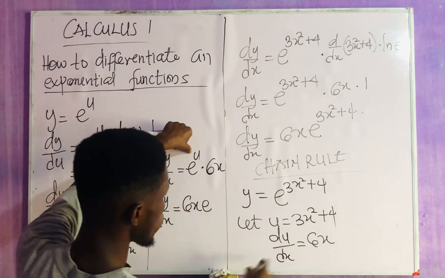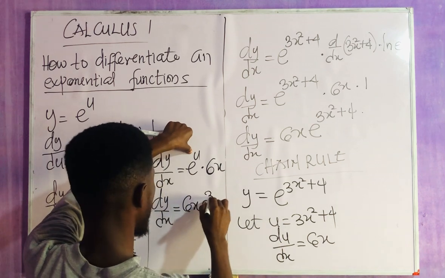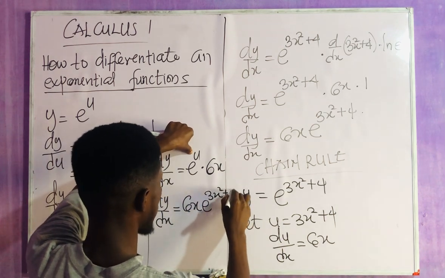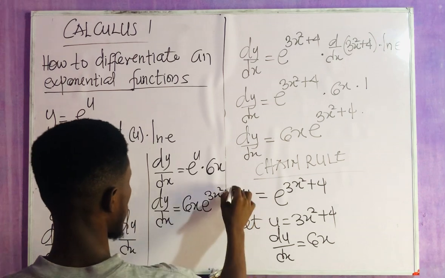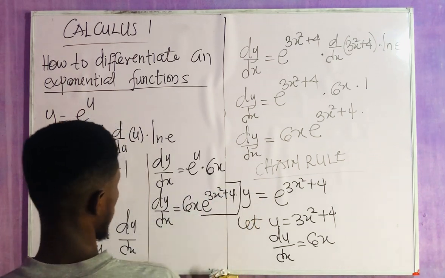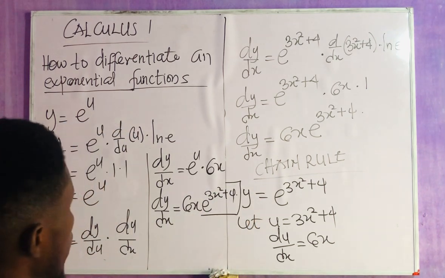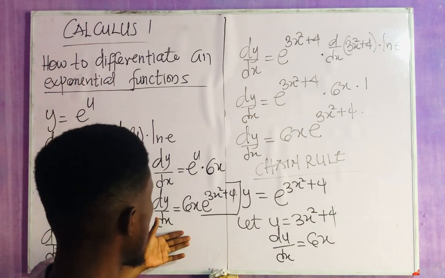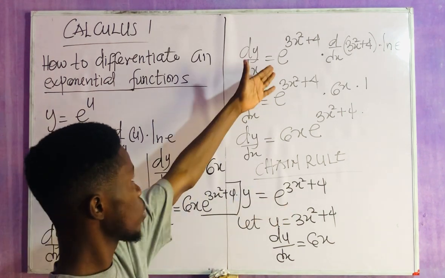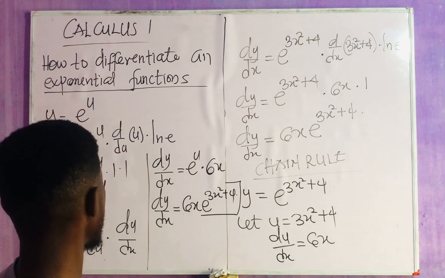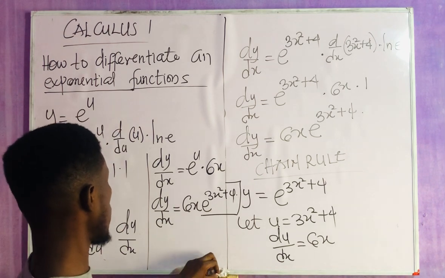Now our u is 3x squared plus 4. Very good. So you can easily do this by using the chain rule, or you go straight to solve that. Now let's look at another example.